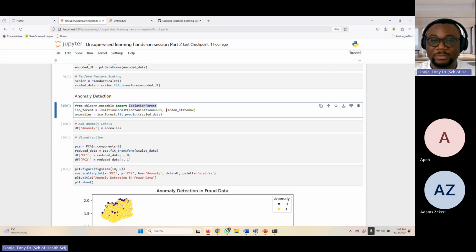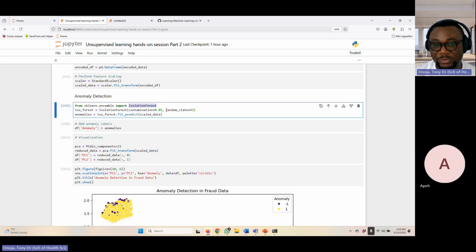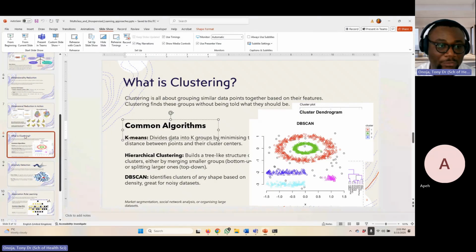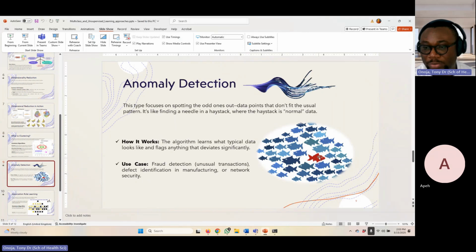So again, it's sort of looking like a supervised approach, but yet, one of the reasons is that we are going to try to detect anomalies, which ones look odd. And like we pointed out in the theory part of the course, normally you are looking at the odd person here.